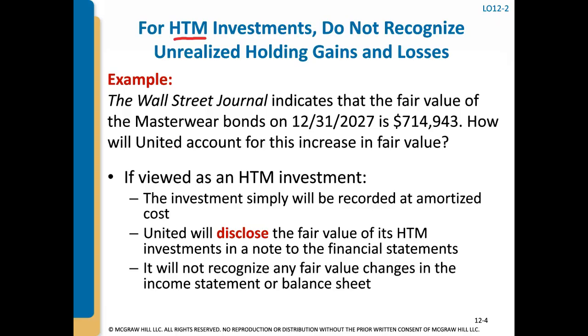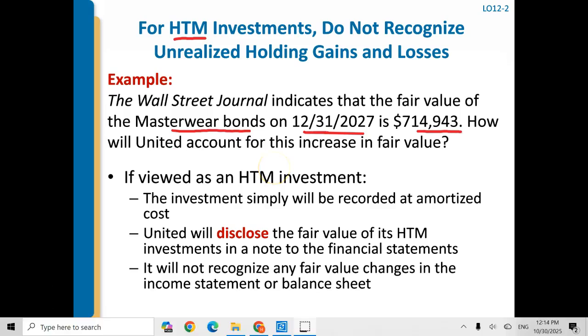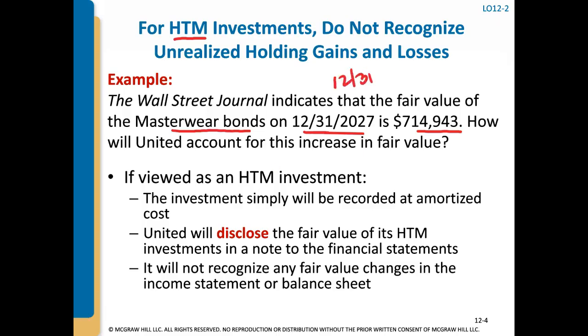Let's say the Masterware bonds that we bought on July 1, 2027. At the end of the year, on 12/31, the value of it has gone up. It is $714,000. If we were to look at the effective interest method amortization schedule, you would see that at 12/31/27, the amortized cost, the net book value of the investment, is actually $671,297.